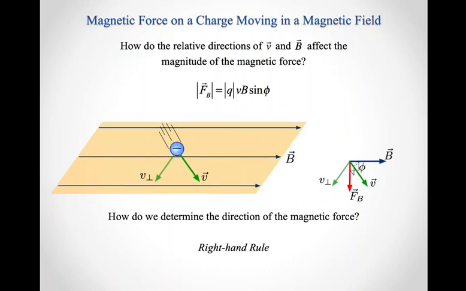If it's a negative charge, then the direction my palm is pushed points in the opposite direction as the direction of the magnetic force acting on my charge. So we're still going to have a right-hand rule that we're going to need to use. We'll just have one additional step at the end that says, is your palm pushing in the direction of the force because Q is positive, or is it pushing opposite the direction of the force because Q is negative?